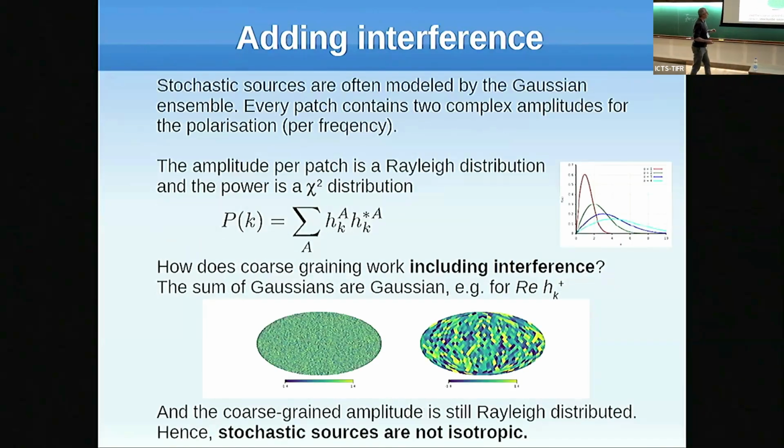And if you do this, and then calculate the power afterwards, what you get are still Rayleigh distributions, or chi-squared. This means the variance in the power is still of the same size as the mean of the power. So if you include interference between the different sources, the coarse-grained sky will actually look not isotropic. It will look really, really patchy. And this is, of course, one motivation to include the interference in the analysis.